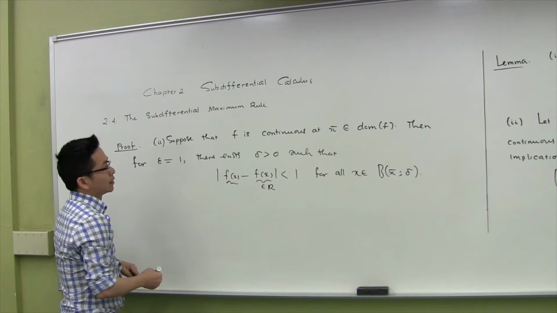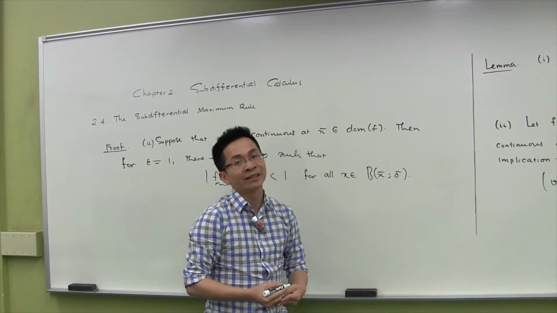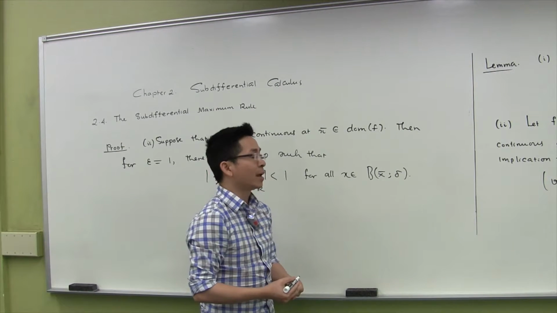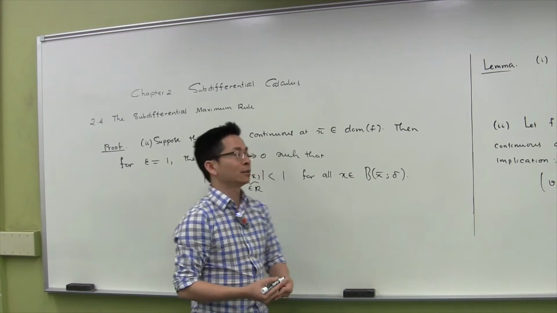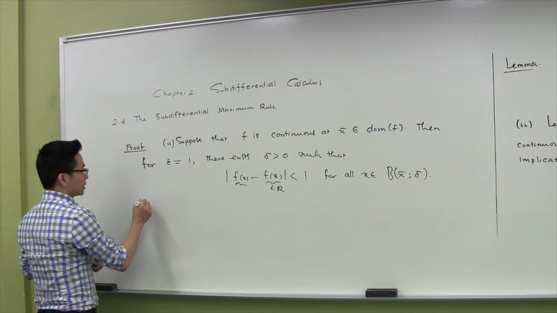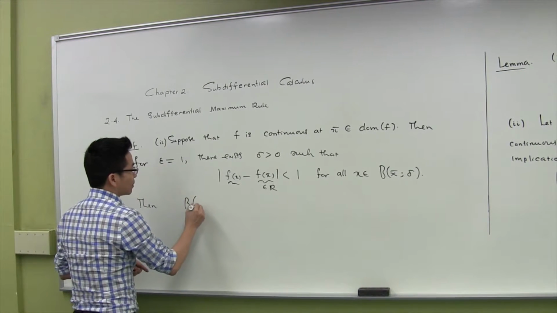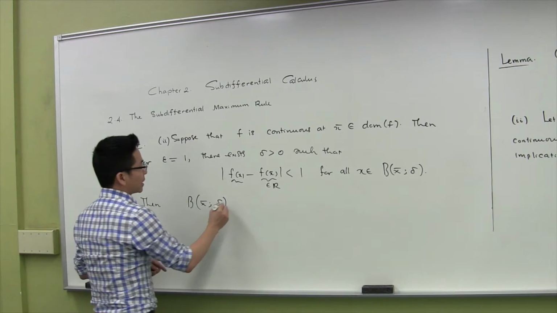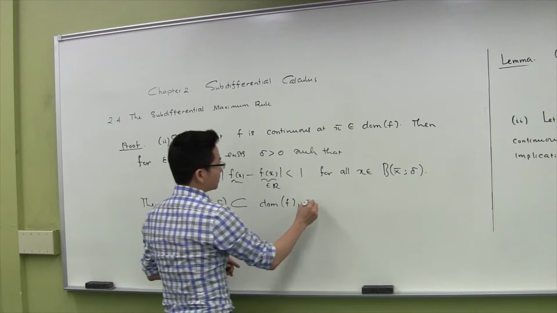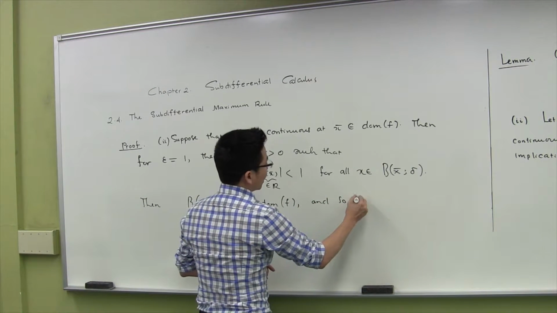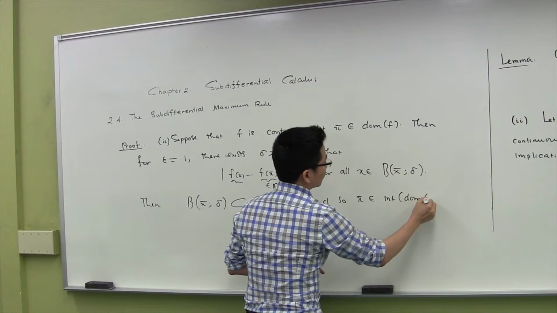That means the ball with center at x bar and radius delta is a subset of the domain of the function f, and therefore x bar belongs to the interior of the domain of the function.